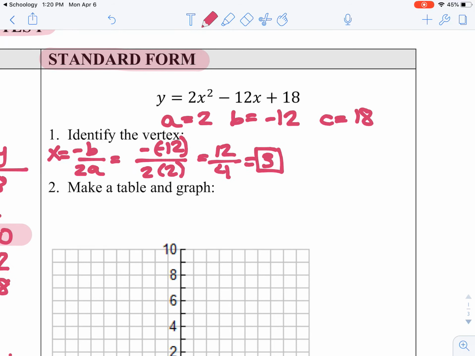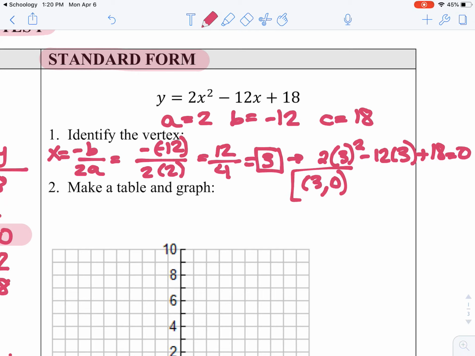Then we need to substitute 3 into my original equation, and you get 0, so my vertex is 3, 0.